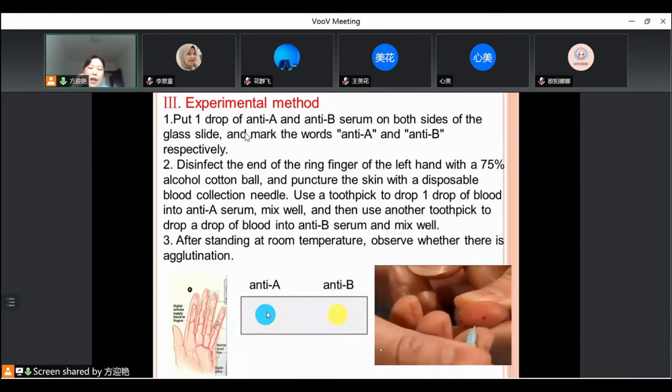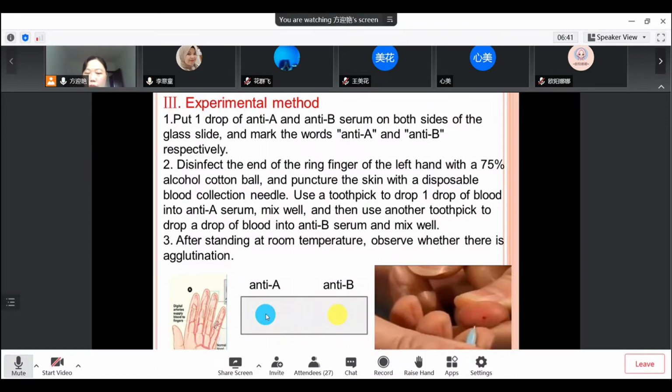We should also use cotton to stop the bleeding.